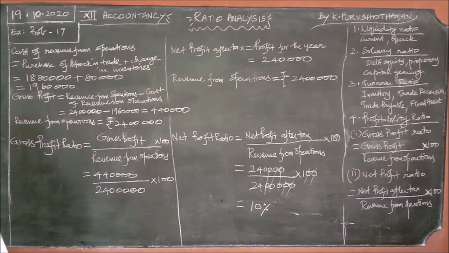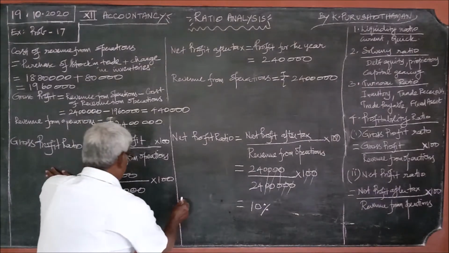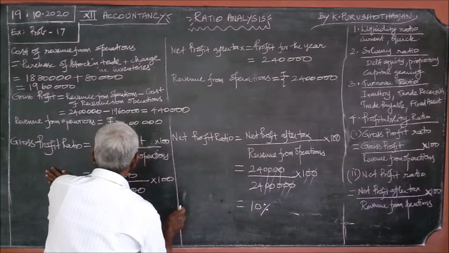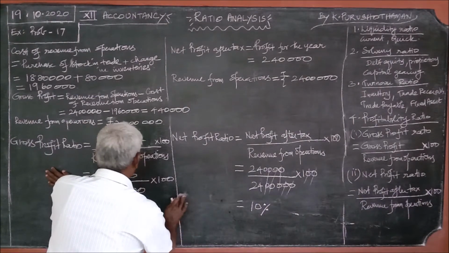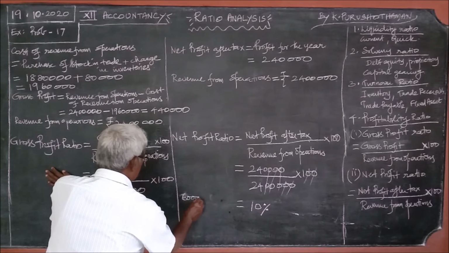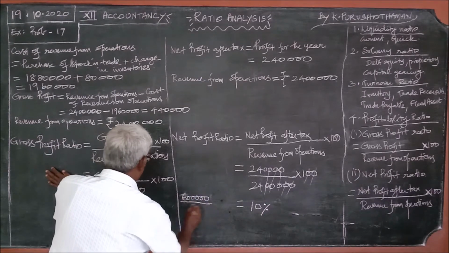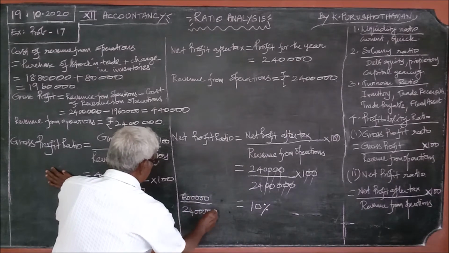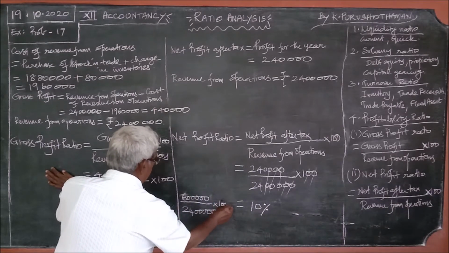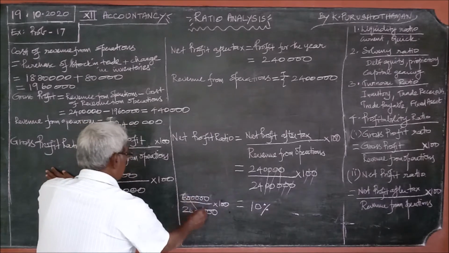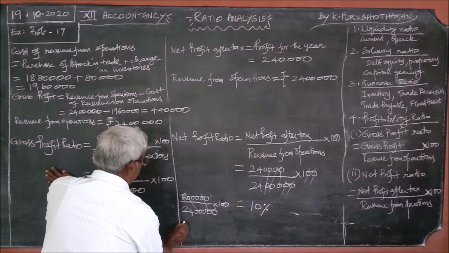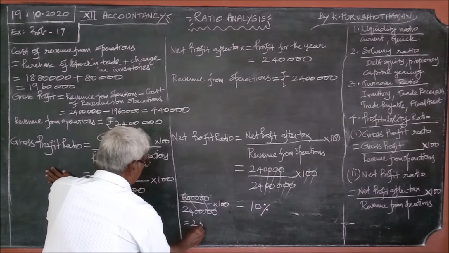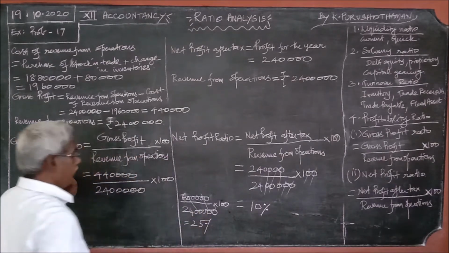As a cross check, if it is 8 lakhs or 6 lakhs, 6 lakhs by 24 lakhs into 100, 100 by 4, this is 25%.